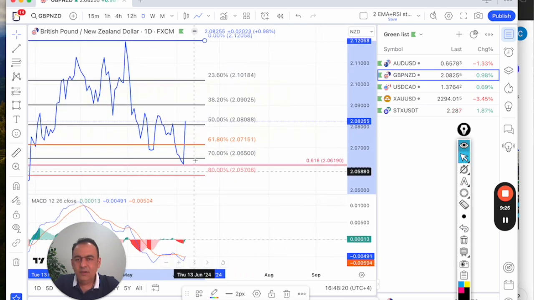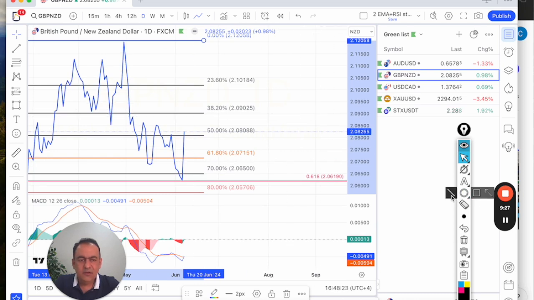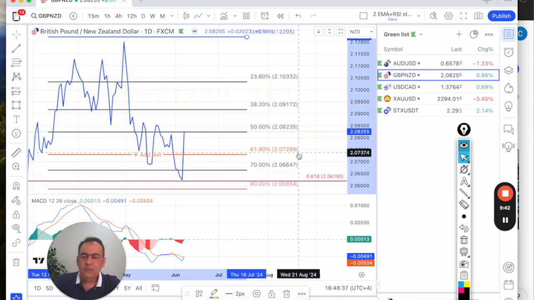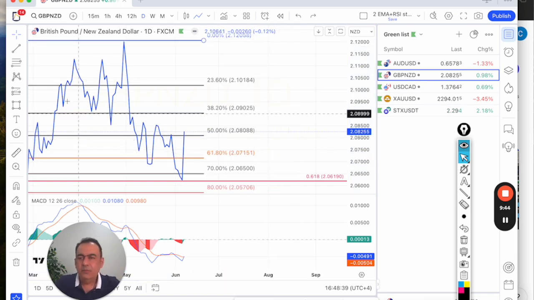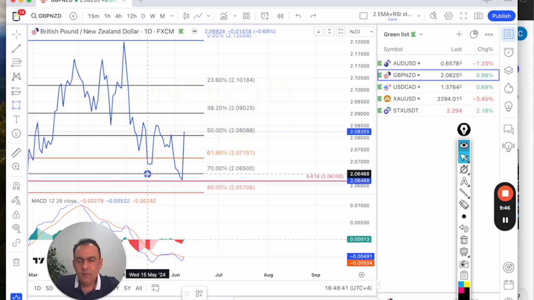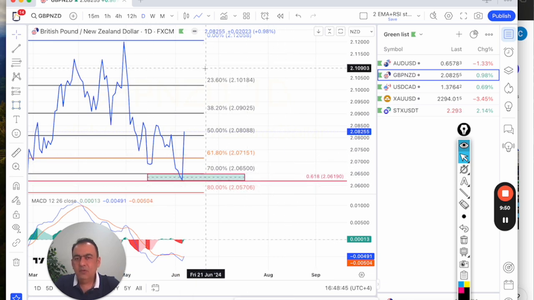I'm going to zoom in and show that we also got the buyers back in the market, because two lows formed, consecutive lows, lower low with bullish divergence on histogram and MACD lines as well. So strong case for the buyers here. This is going to be our major support, and I'm looking for the bullish plan.